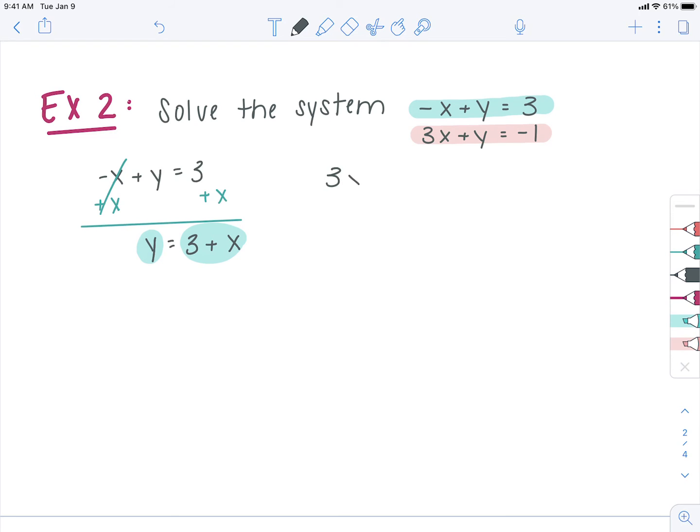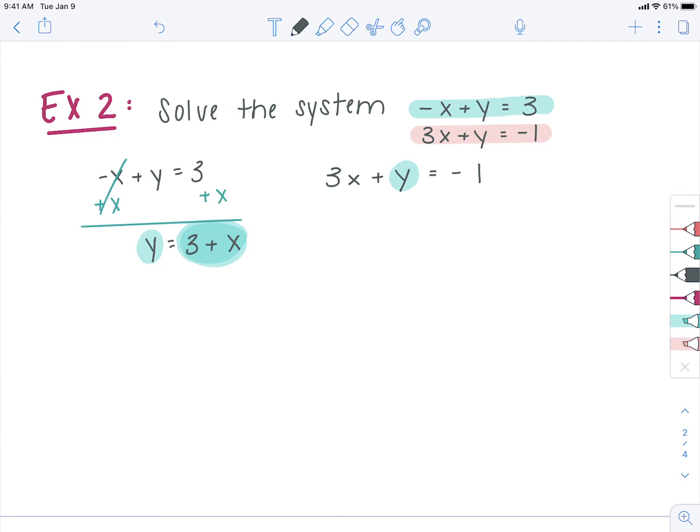And where I had this y, I want to substitute in what I know y equals, because I want my equation to be all in the same variable.